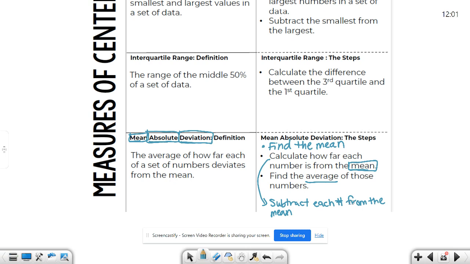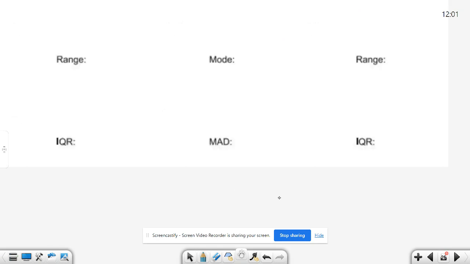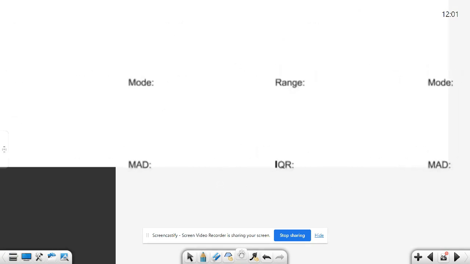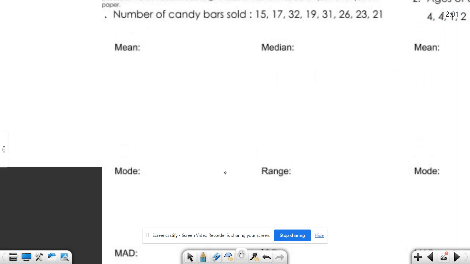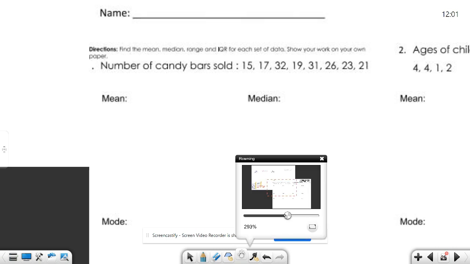Alright. So we're going to look at that light blue page that we started with last week. We're going to look at number 1, where it talks about the candy bars.